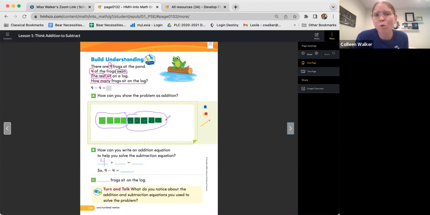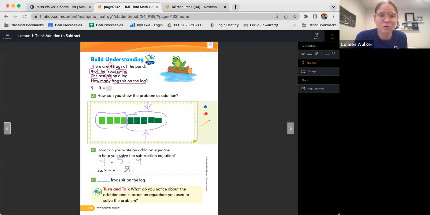And how many more frogs did we have to draw to get to 9? The rest of the frogs we drew were the frogs that were sitting. Yes, there were 5. So 4 plus 5 equals, how many frogs all together? Yes, we had 9.